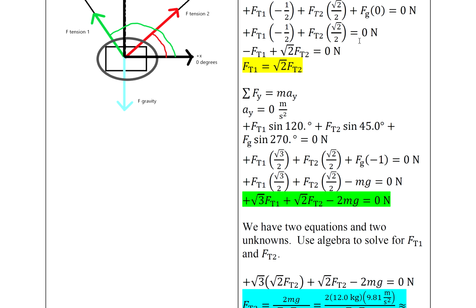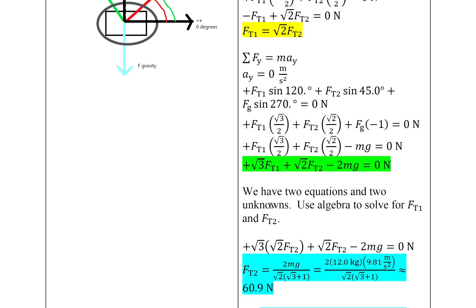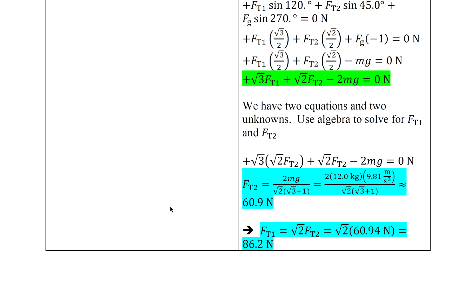We could substitute this yellow equation into the green equation. So FT1 equals root 2 FT2, we could put that here. And then we could solve for FT2. And once you find FT2, we could substitute it back to find FT1.